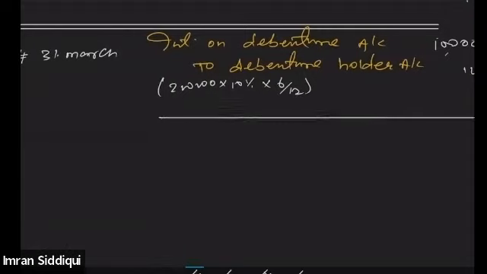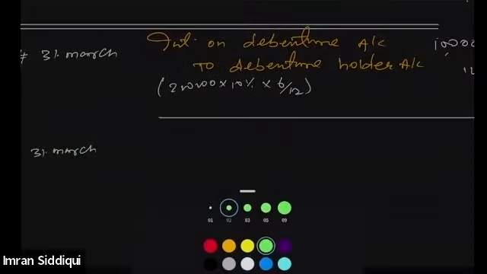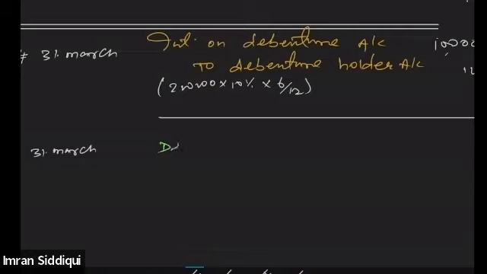And the next entry will be done on the same day, on 31st of March of that particular year. Entry will be debenture holders account debit to bank.